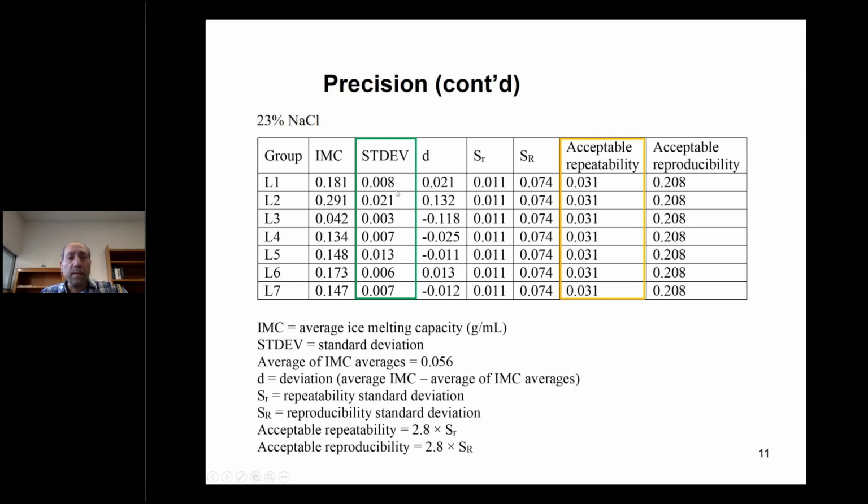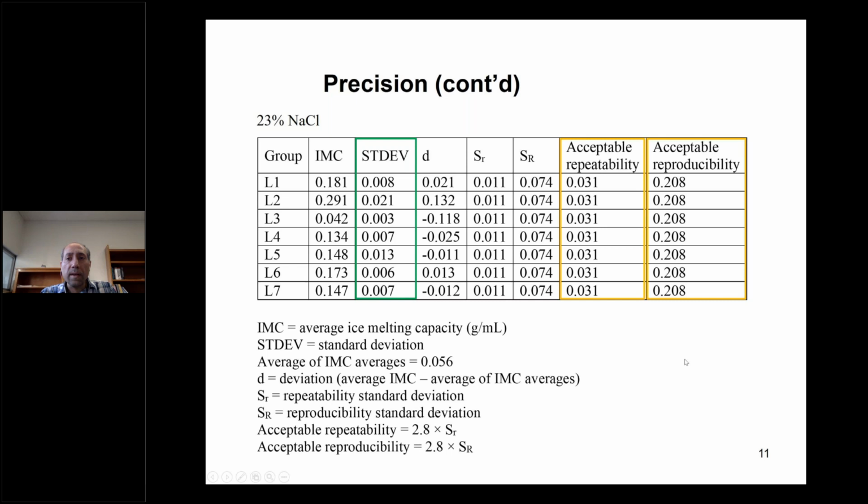So you can see here all of the standard deviation values for ice melting capacity are less than this number, which is 0.031, which shows that the precision of the test was good for this case.